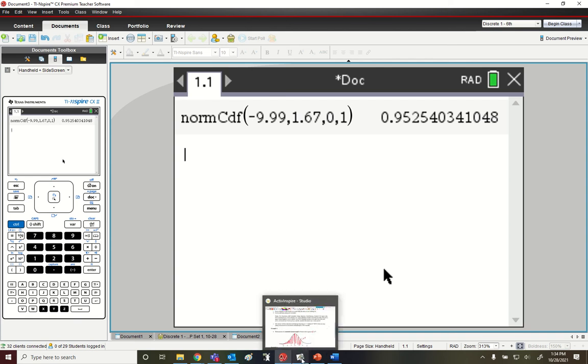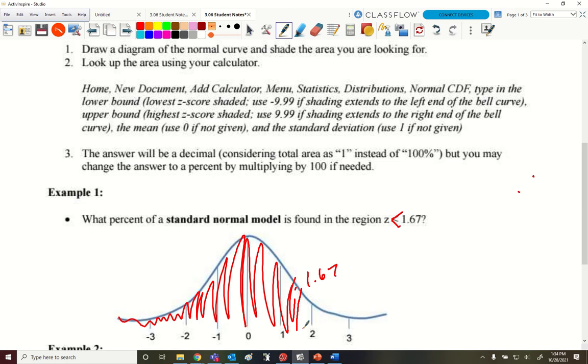Now, to turn a decimal into a percent, you take this decimal point and move it to the right, so my percentage now is going to be 95.25%.